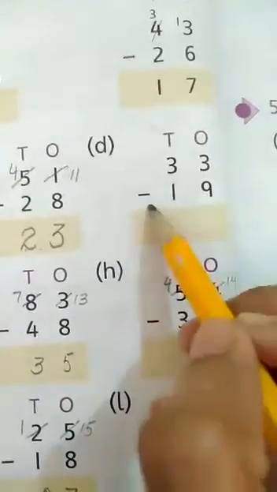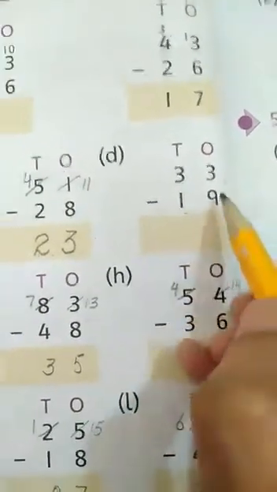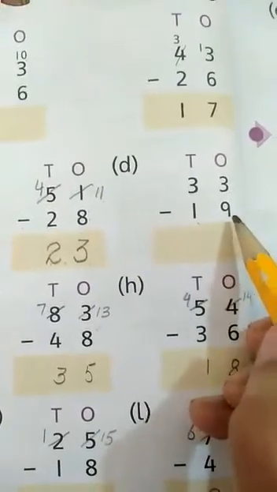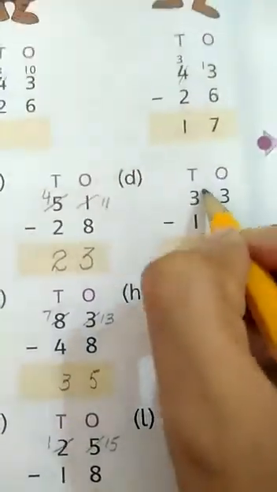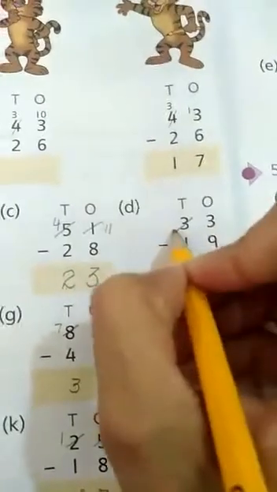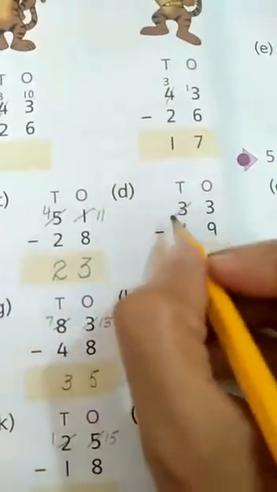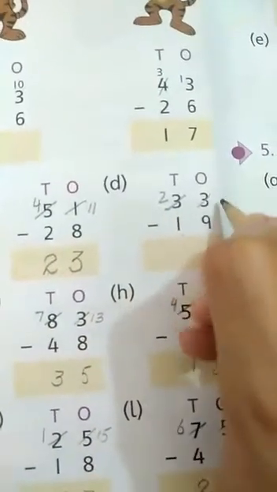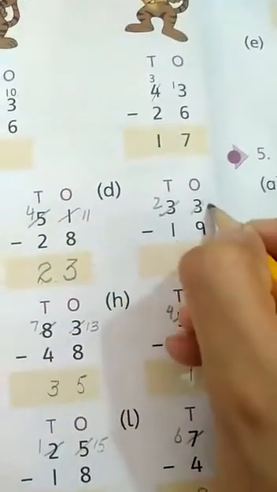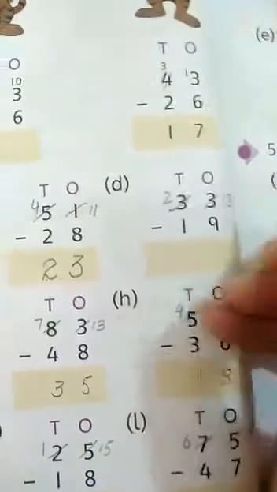Okay, in this question, 33 minus 19. So students, we cannot subtract 9 ones from 3 ones. So we can borrow 1 from tens column. So when we borrow 1, 3 becomes 2 and 3 becomes 13.